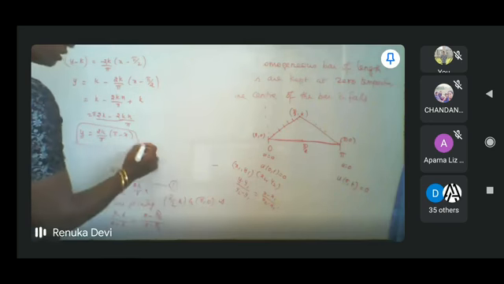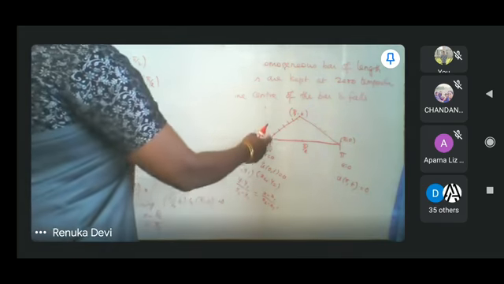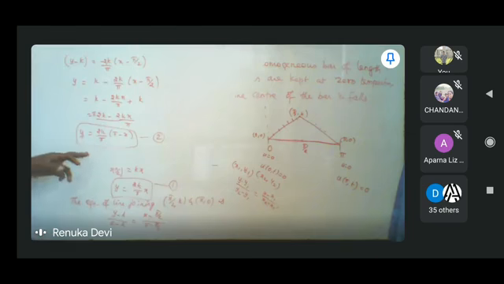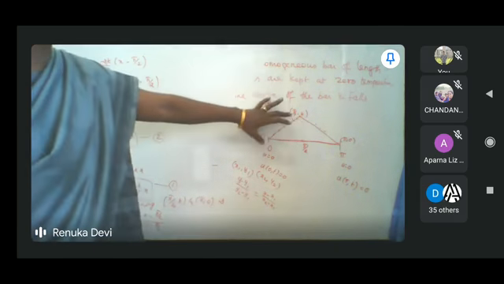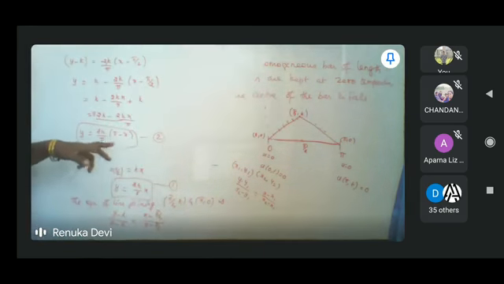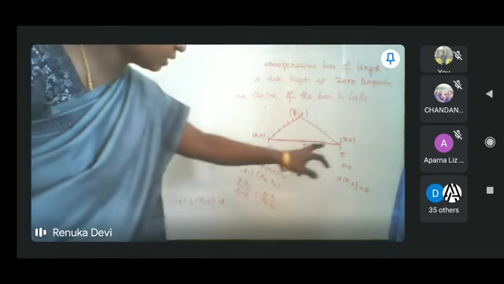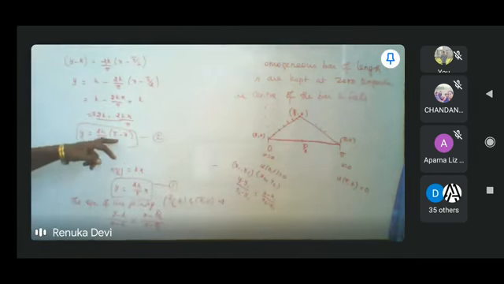I take this as equation 1, this as equation 2. This y is the value of the function, the equation of the curve. This line is denoted by y equal to 2k by pi into x, and this line is denoted by y equal to 2k by pi into pi minus x.